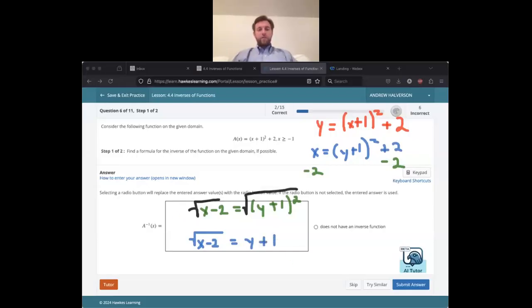One final step. I got to get rid of this plus 1, so I'm going to do that by subtracting 1. So this becomes, now I'm going to write it as negative 1 plus the square root of x minus 2, just to make sure I don't get crosswise.